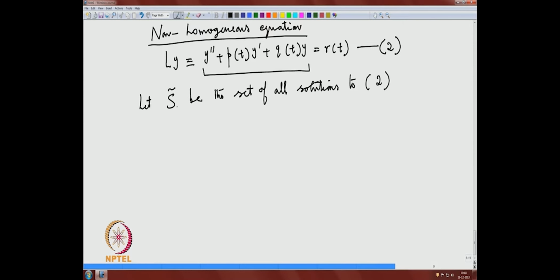First you want to understand that any solution is called a particular solution.